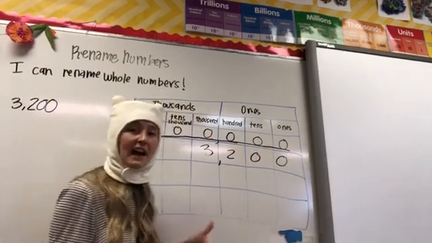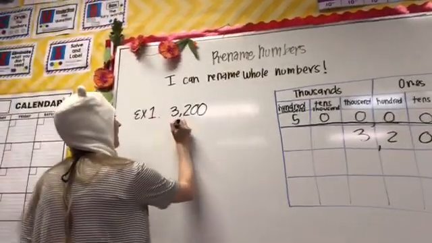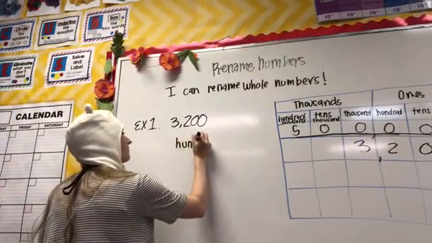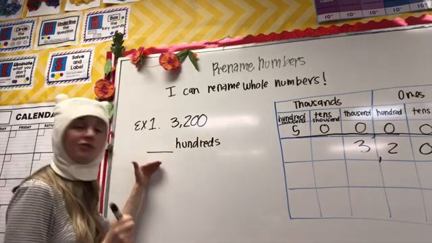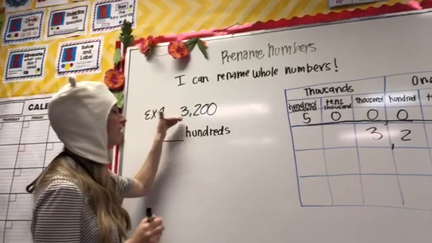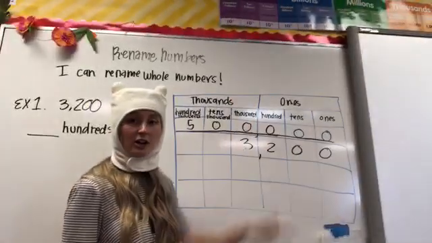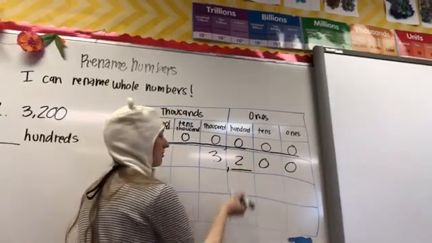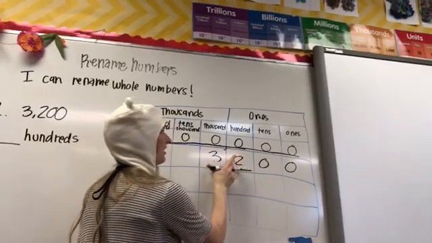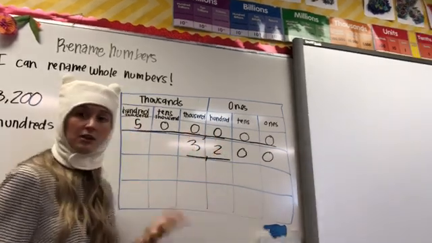And I wanted to ask you, how could we say this number in terms of hundreds? How many hundreds are there in 3,200? So this is how we do it. We go over here. If you have a chart, we can put it in. That's great. In my hundreds place, I've got a 2. So everything to the left of it is going to be in the hundreds. So we could say that I have 32 hundreds.